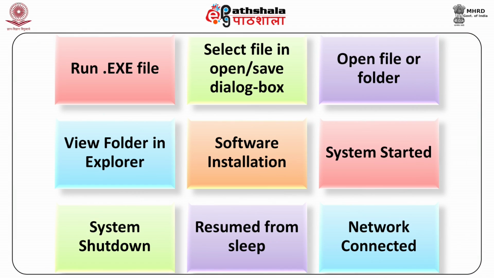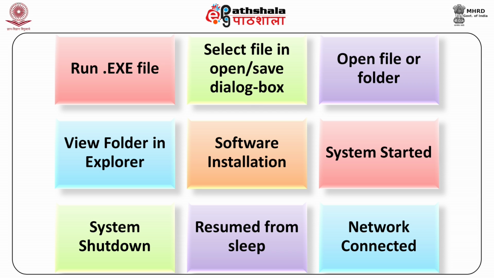The following actions and events are currently supported by LastActivityView. Run .exe file. An .exe file is run directly by the user or by another software or service running in the background. Next is select file. In an open or save dialog box, the user can select a specified file name from the standard save or open dialog box of Windows.